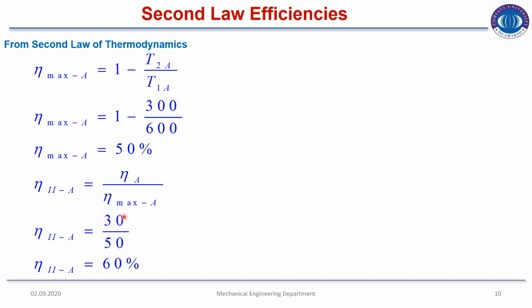So 30% is the thermal efficiency that we calculated according to the first law of thermodynamics, and 50% is the thermal efficiency that we calculated according to the second law of thermodynamics, considering that the heat engine is a reversible heat engine. And then we have taken the ratio of actual efficiency with respect to the maximum thermal efficiency. So the second law efficiency for heat engine A is 60%.